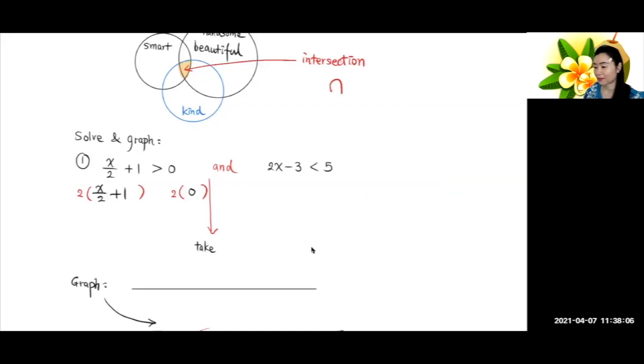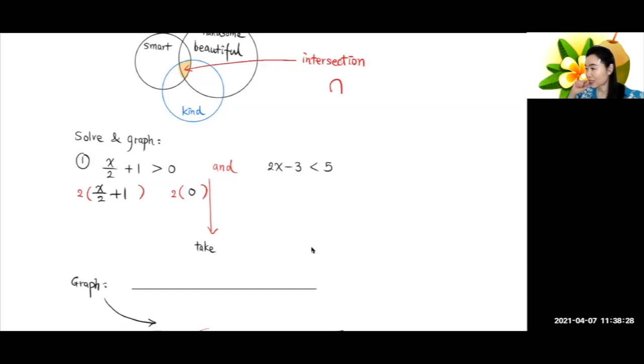Think about a scale that is not balanced. One side is heavier, the other side is lighter. If you double this side and double the other side, the heavier side is still heavier.